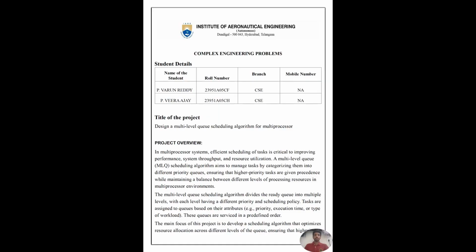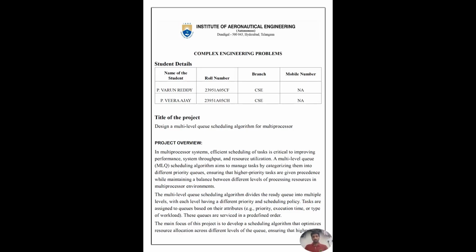In multi-level queue scheduling, processes are grouped into several queues based on parameters such as priority, memory, or type. This article will explain the multi-level queue in detail.